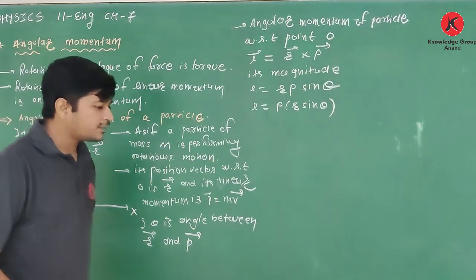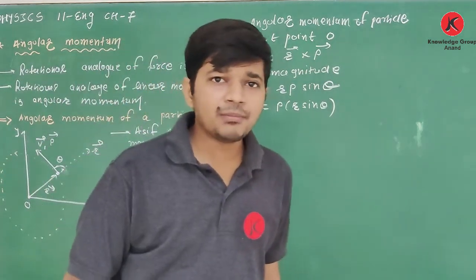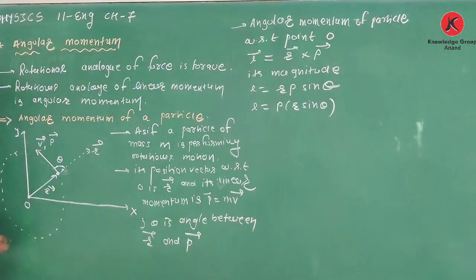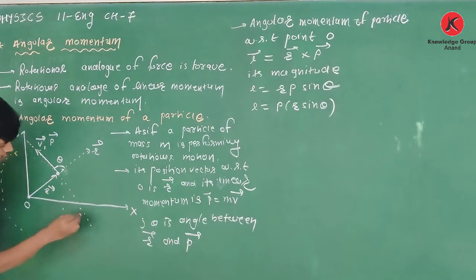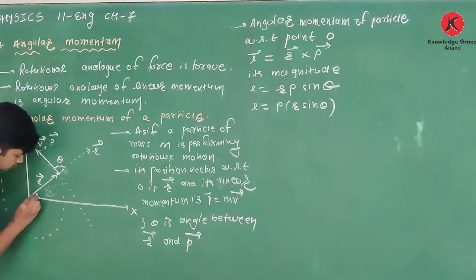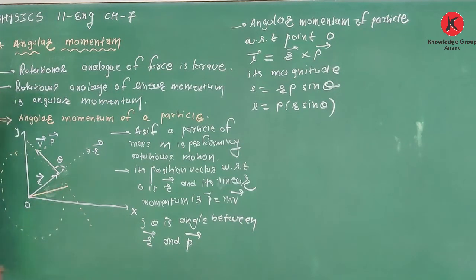Now again, remember the theory of torque. If I draw the line of action of P, and R is placed here, then you have to draw one normal from point O to this line of action.